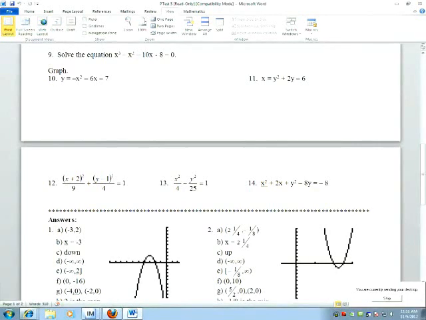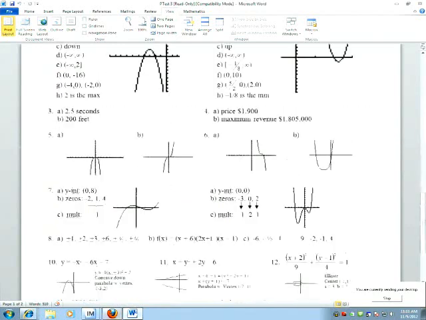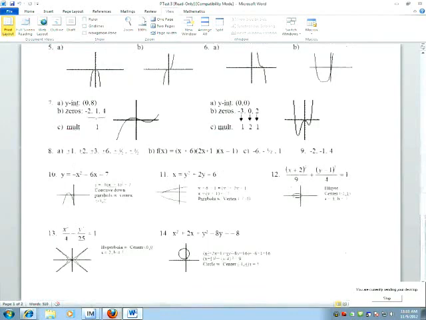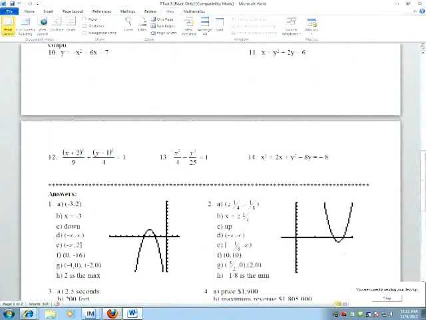It looks like a circle, but here's the main reason I wanted to pull this up. I thought I had one on the practice test, and I don't see it. But we talked about it in class. If it looks like a parabola, it's a parabola. If it looks like an ellipse, it's an ellipse. If it looks like a hyperbola, it's a hyperbola.